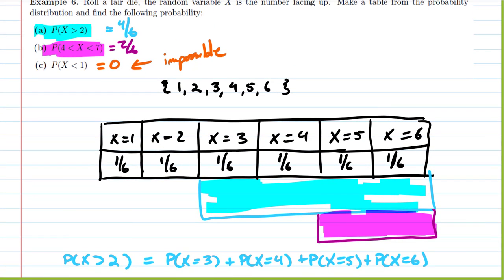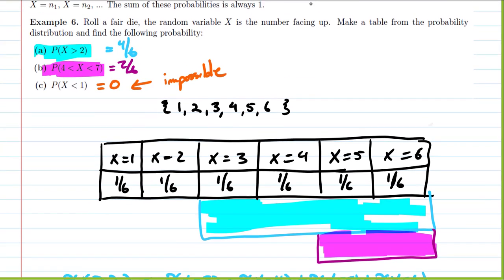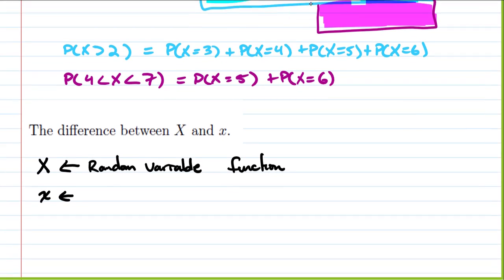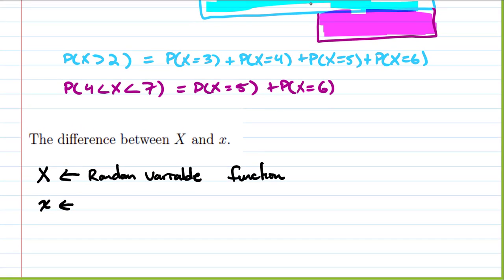1, 2, 3, 4, 5, and 6, right? We wanted to know, well, what was the probability that x equaled some number, right? So these are going to be the numerical values that are assigned to something. So these are range elements.